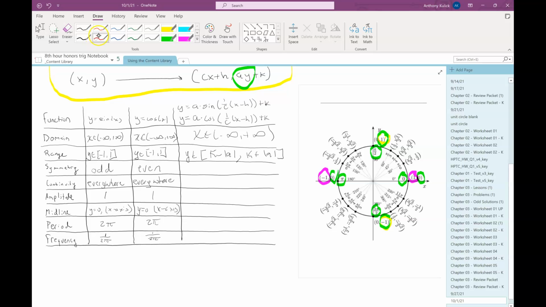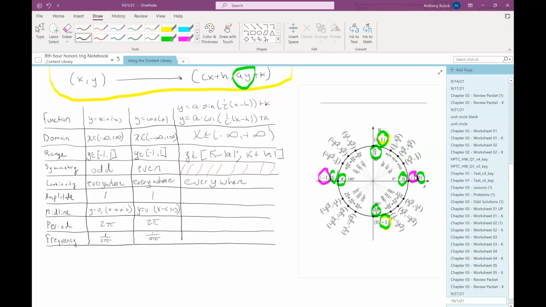Symmetry will likely be destroyed by any type of transformation, so we're not even going to worry about that. And if doing one of these transformations can't tear a hole or anything in the graph, obviously the continuity is going to remain the same. Can the amplitude be affected?